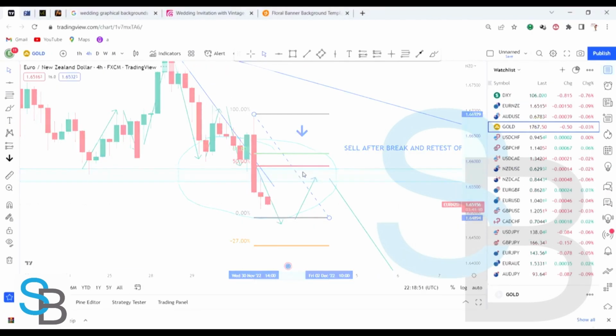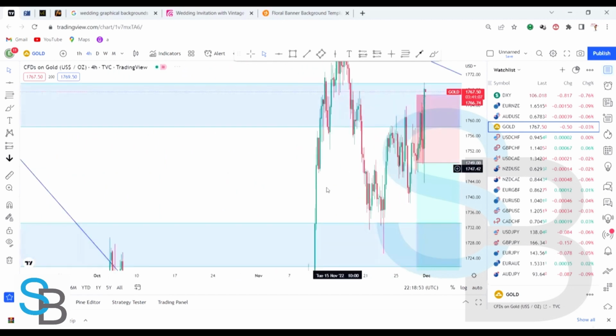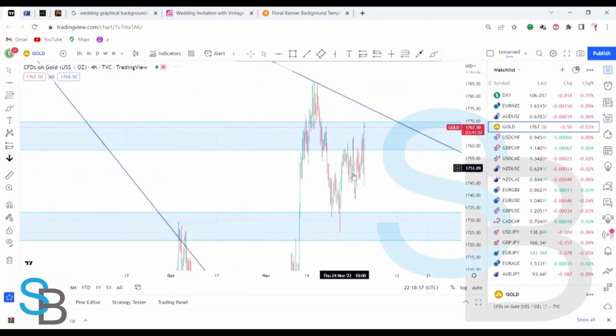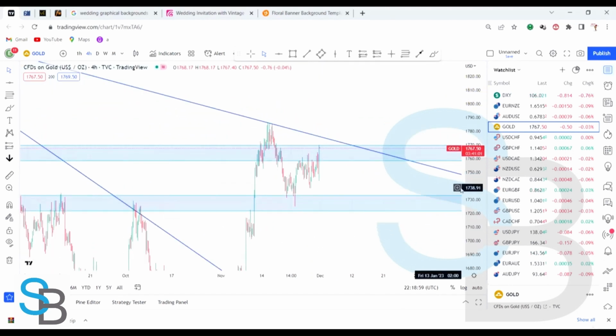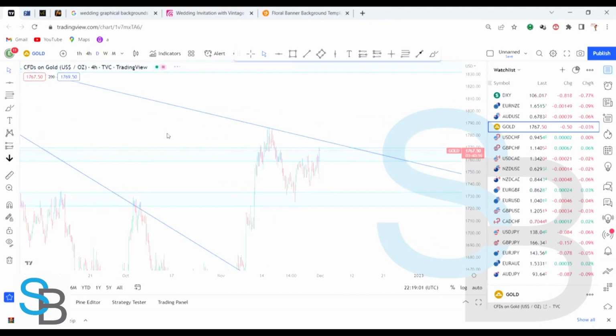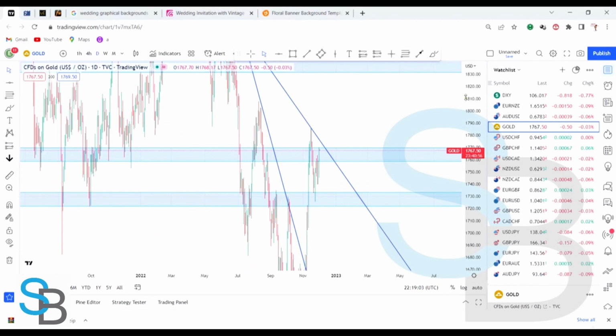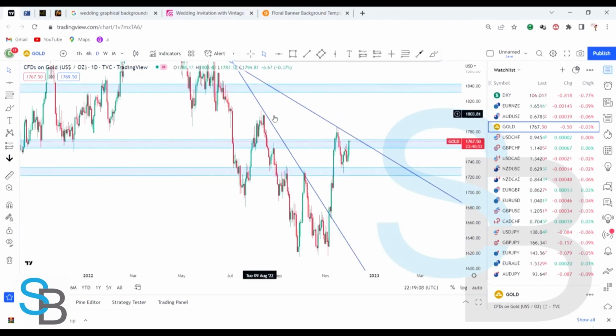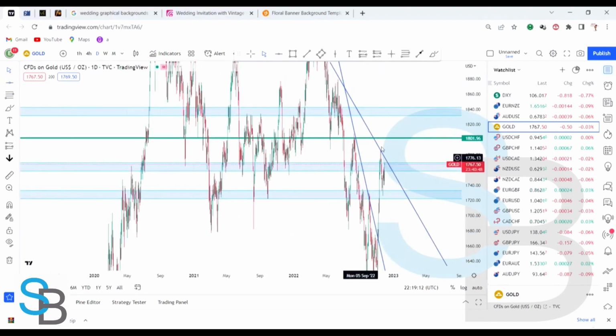If it will keep buying, let me just delete this here. My targets might be this place. It might buy till this place, or maybe even till this place.